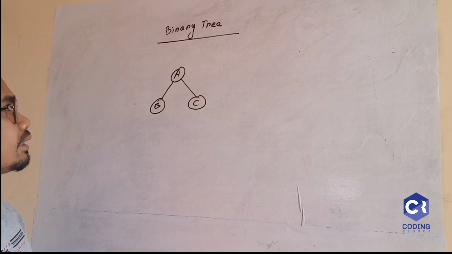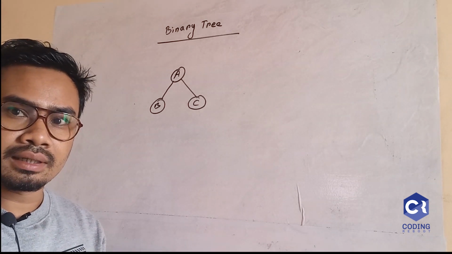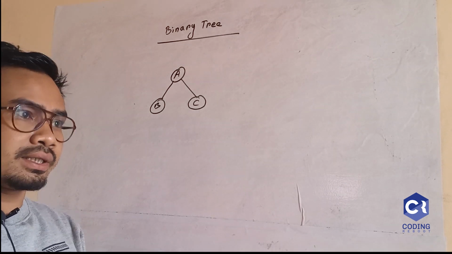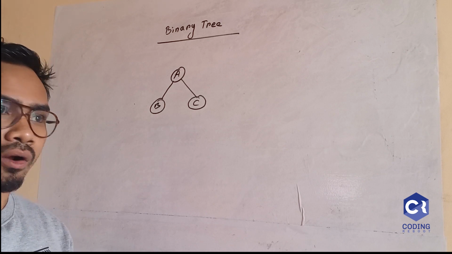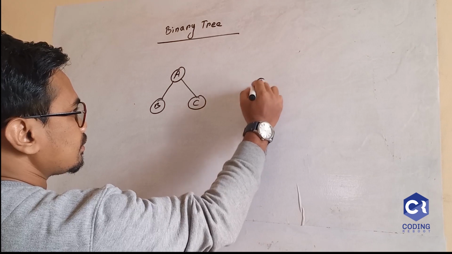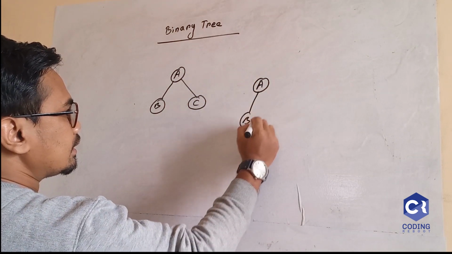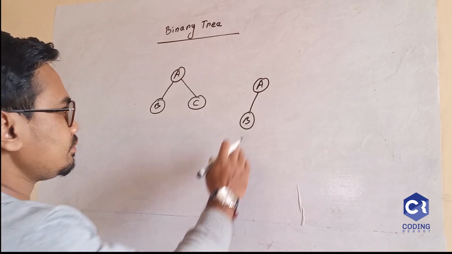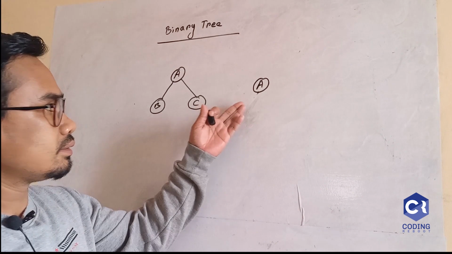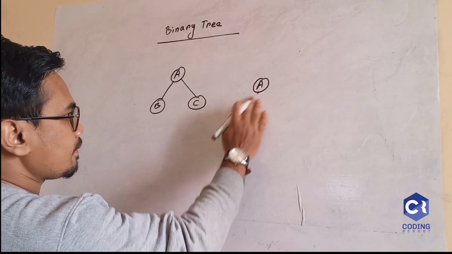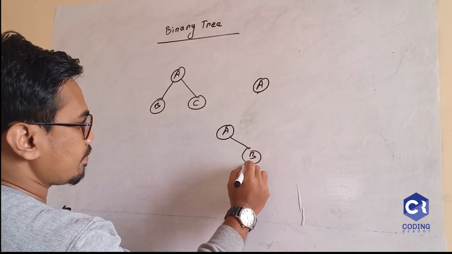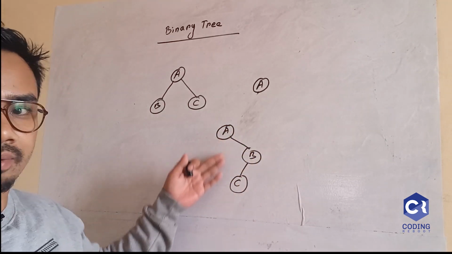For a binary tree, the degree will be at most 2, less than 2 is fine, but not more than 2. Suppose this is also a binary tree. This is also a binary tree, only one node. This is also a binary tree.